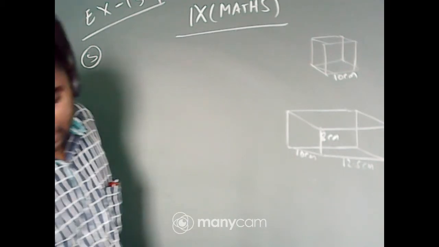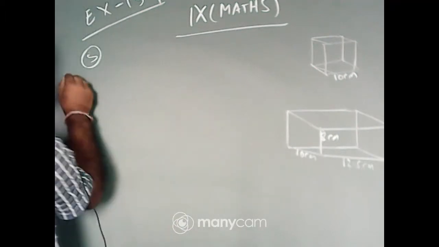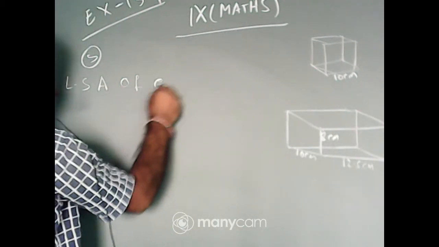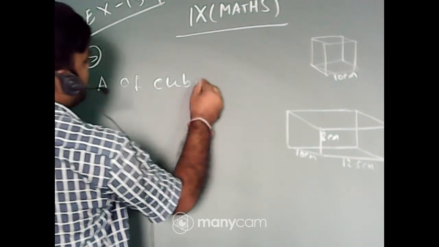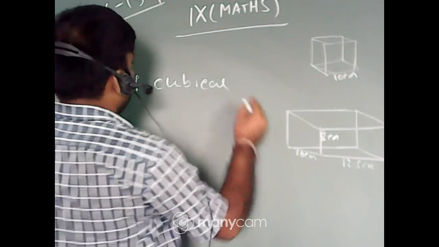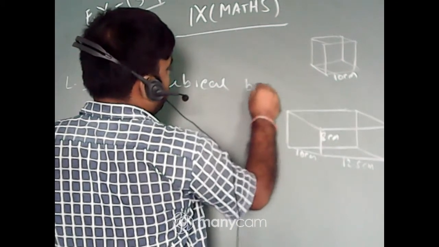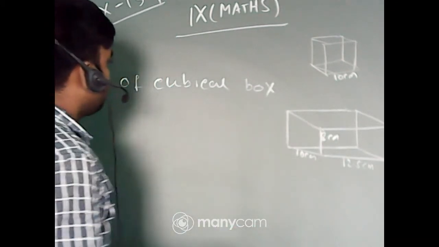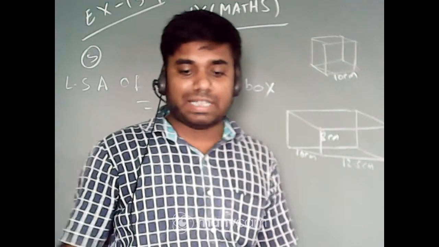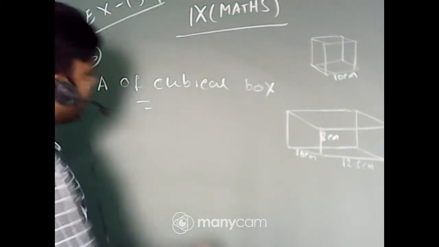First of all, in case of the LSA of the cubical box, the formula of LSA is 4a square.